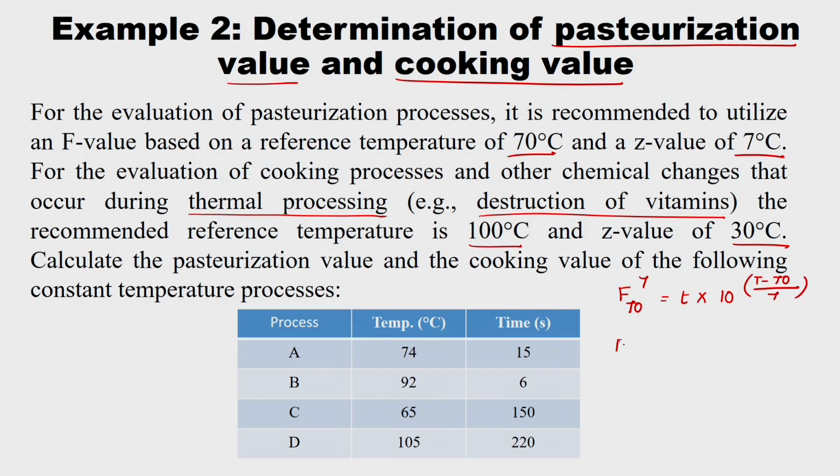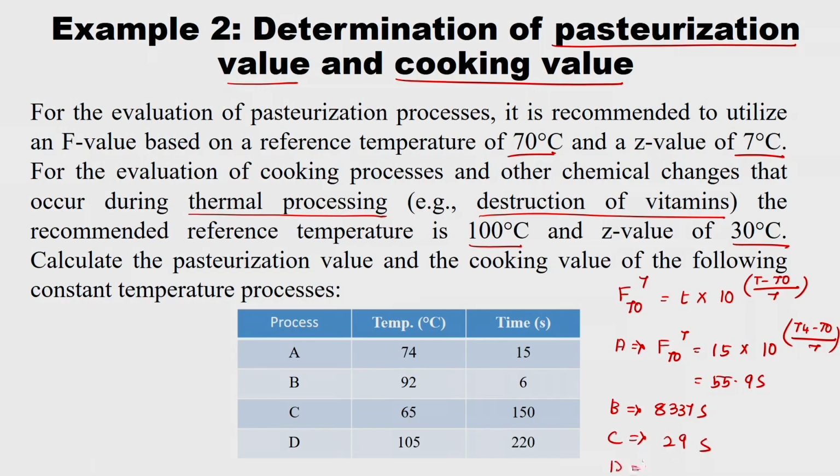For process A, F 70 7 is t, which is 15, into 10 to the power of (74 minus 70) over 7, where the temperature is 74, reference is 70 and z value is 7. So, this becomes 55.9 seconds. If you calculate the same for B, that becomes 833 seconds. For C, that becomes 29 seconds. For D, that becomes 22 into 10 to the power of 6 seconds. So, this is for pasteurization.